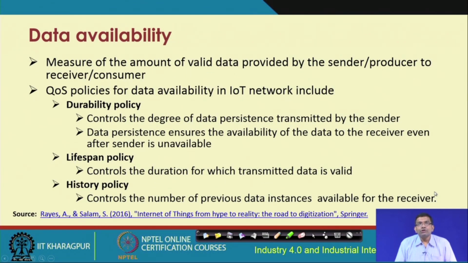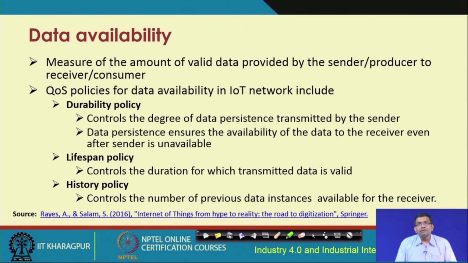The next attribute is data availability, and availability, as the name suggests, is the measurement of the amount of valid data provided by the sender or the producer to the receiver or the consumer. QoS policies for data availability in IoT networks include the durability policy, lifespan policy and history policy.